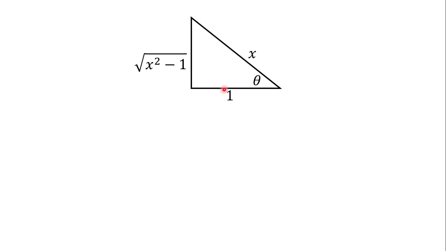To get this side, as the Pythagoras theorem states, we just square this one, subtract this one from this, after which we take the square root of that, and that will give us the value of this line. Okay, good.